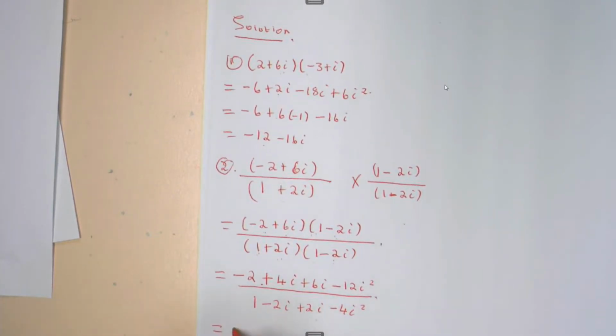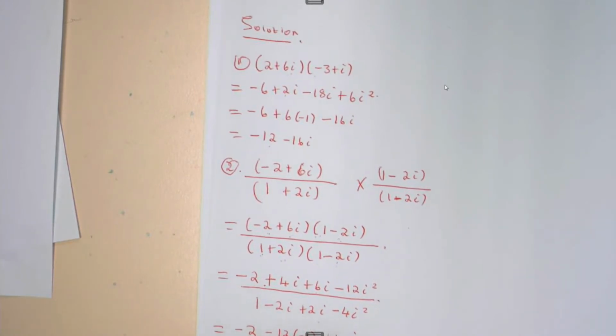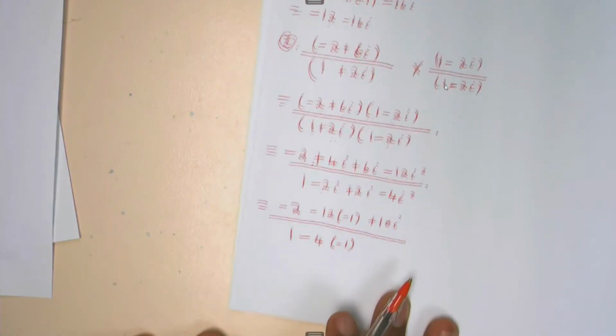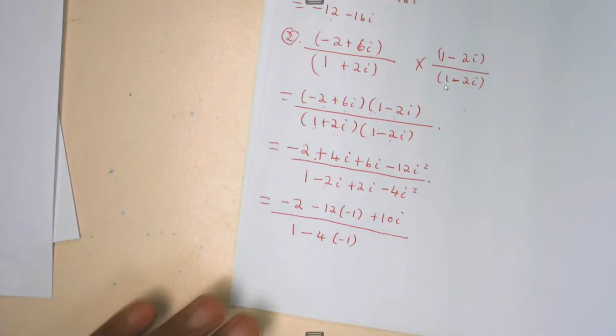Then we have negative 2 minus 12 into negative 1, 4i plus 6i will be 10i, all over 1. Remember, it will be minus 4 into minus 1, minus 2i plus 2i will give us 0.